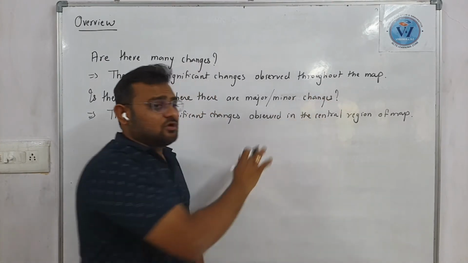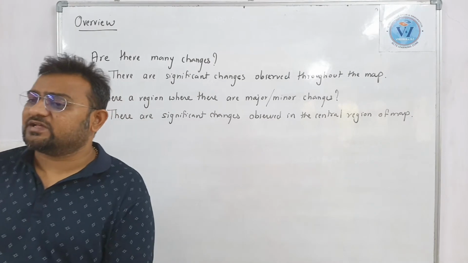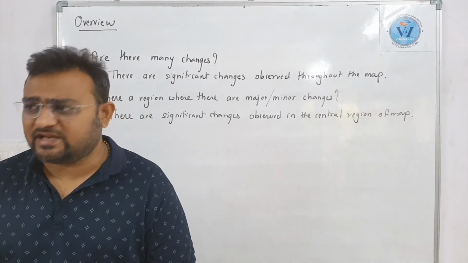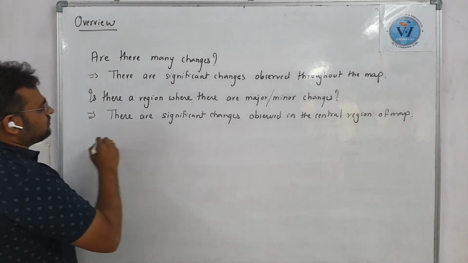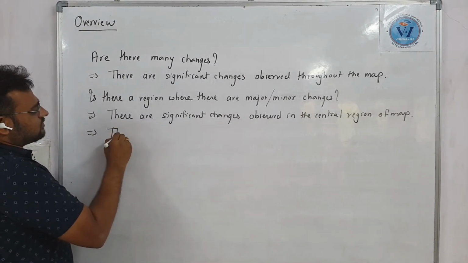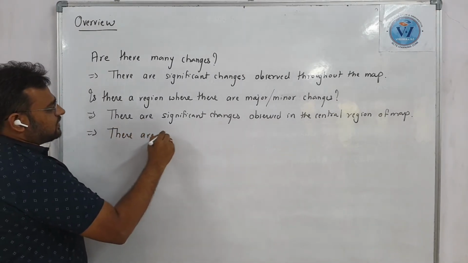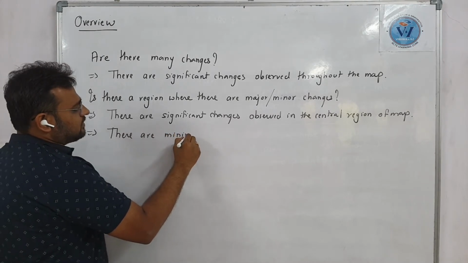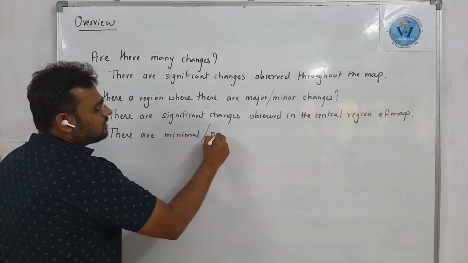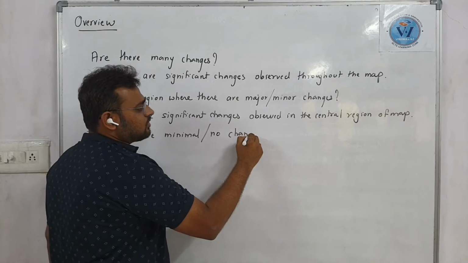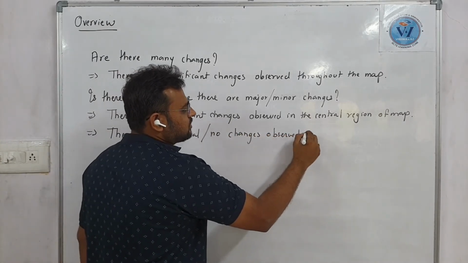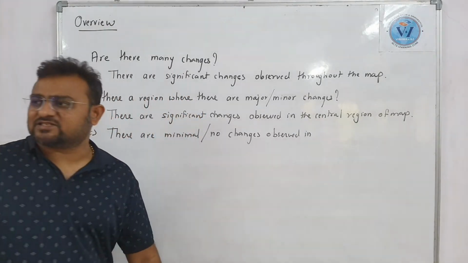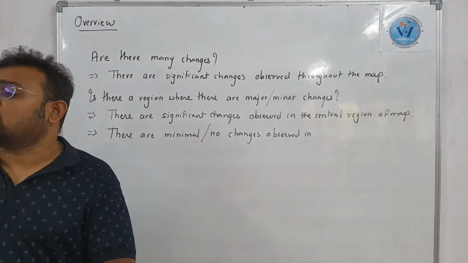minor changes. If you find a region of the map where almost nothing has changed, in that case, you can write down there are minimal or no changes observed in the, let's say, eastern part or southeast part.